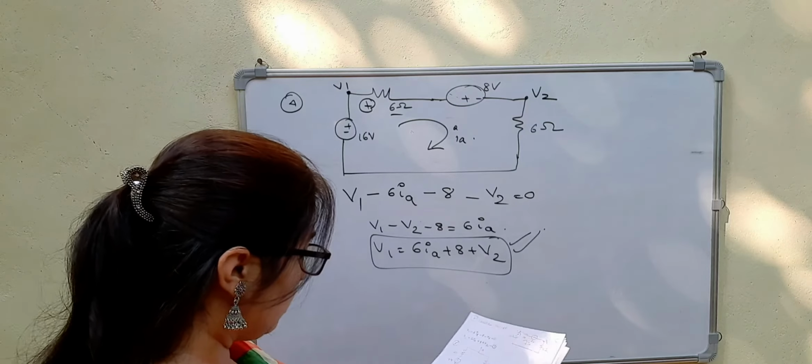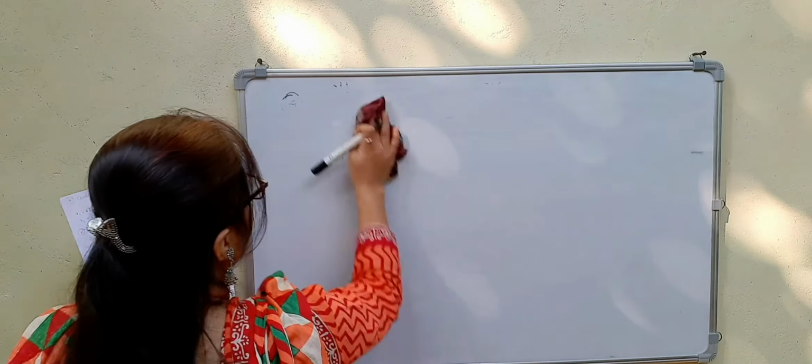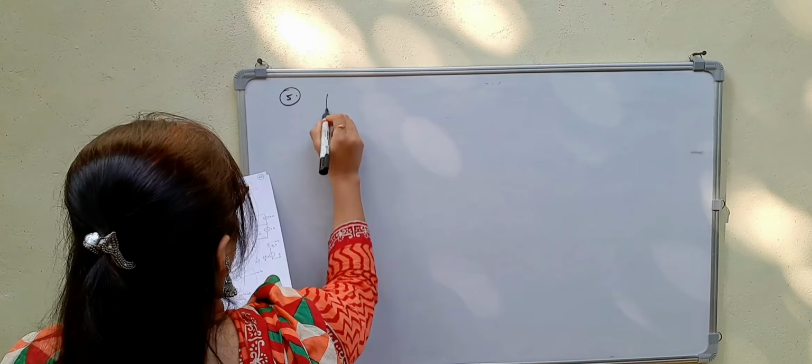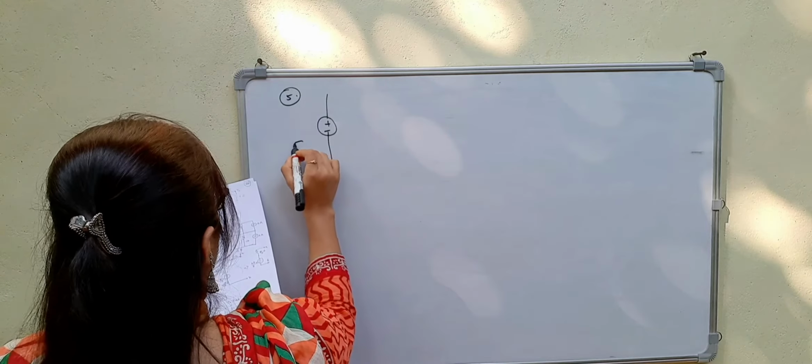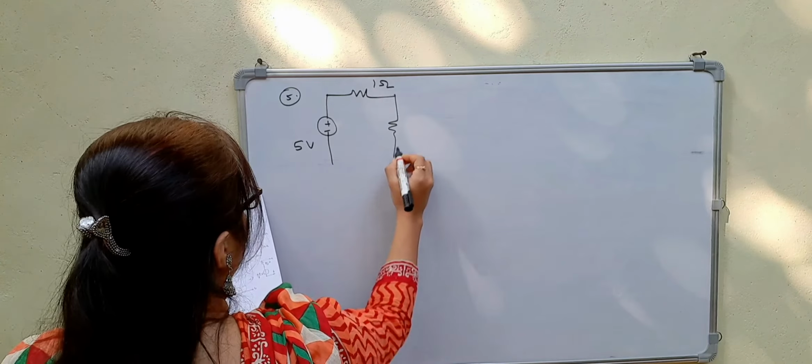Next question is, five volt source, resistor is 1 ohm. Here it is 1 ohm.